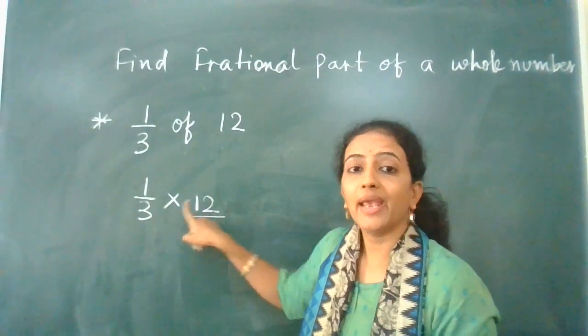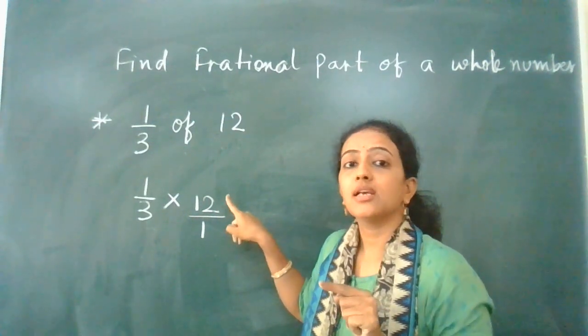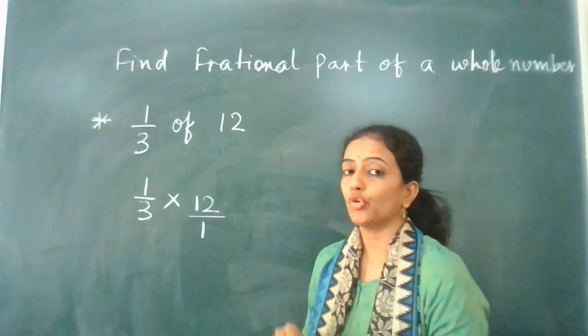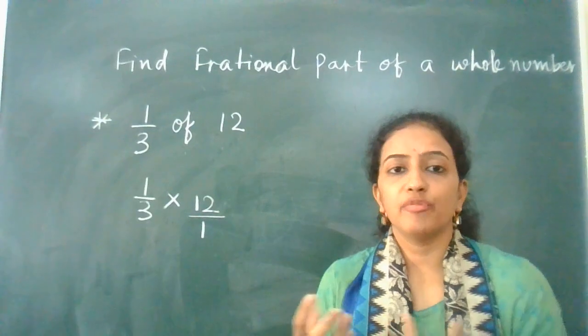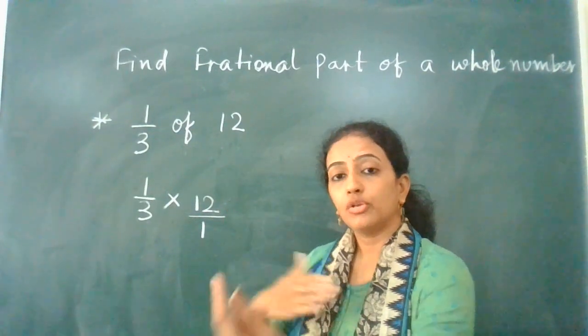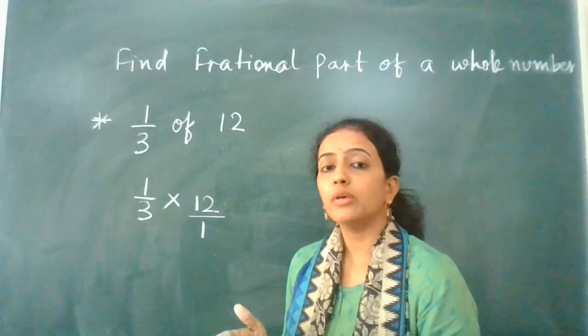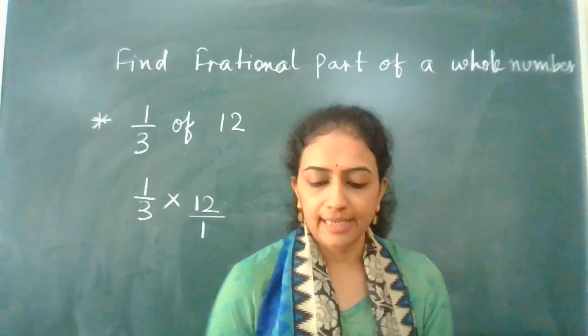And divisor always divides the dividend, which is numerator. So as I have said, this fraction is very much connected with division and multiplication. So with the fraction, you also have to remember the rules of division.